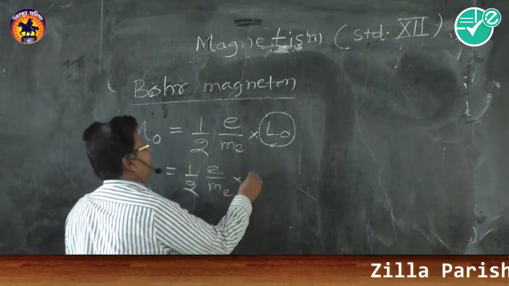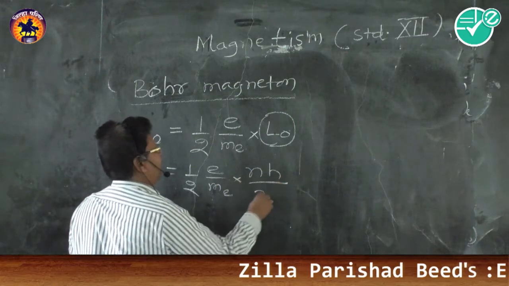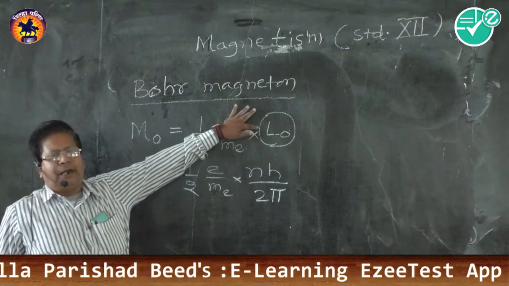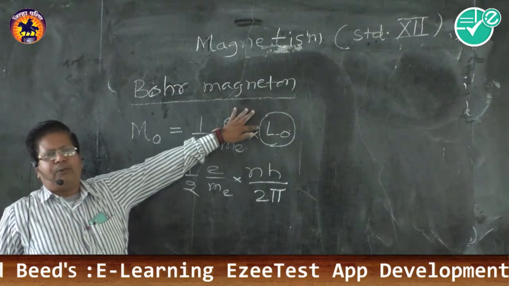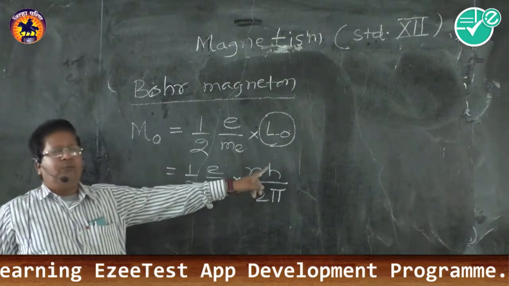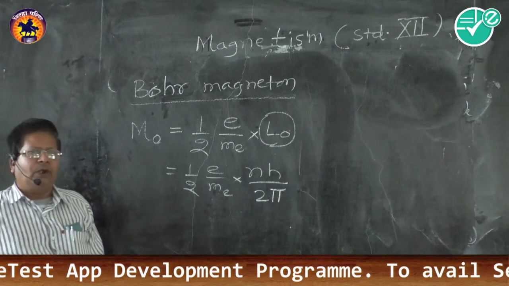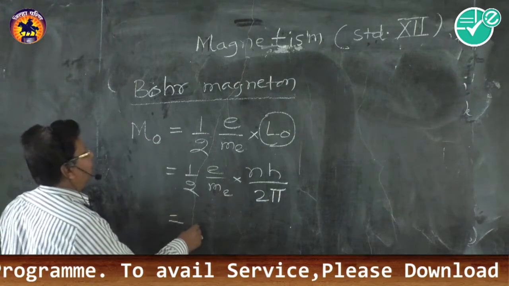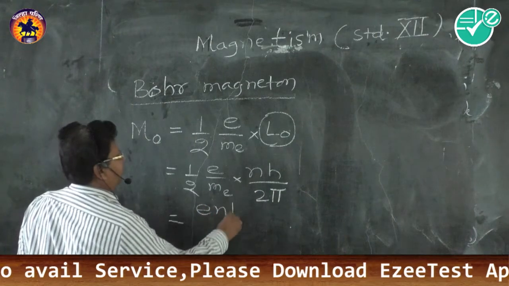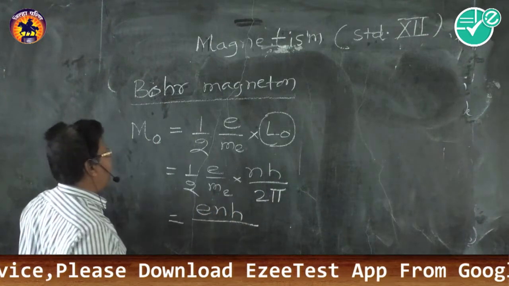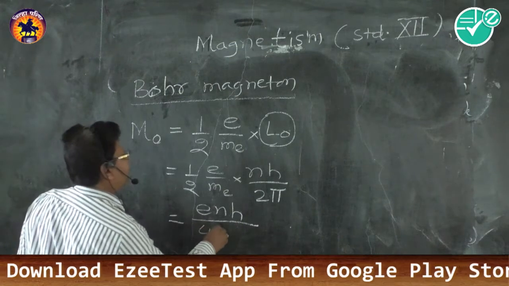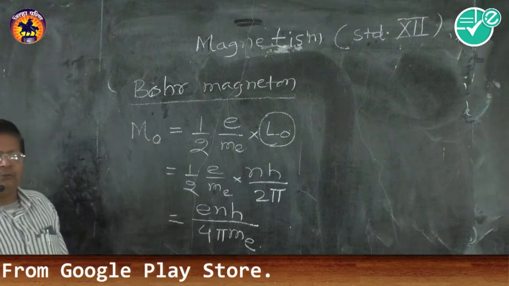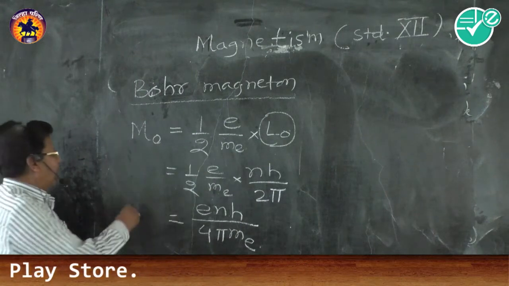This angular momentum is n into h divided by 2 pi. So the value of angular momentum according to the Bohr's second postulate is integral multiple of h upon 2 pi. Then we get this is equal to e into n into h divided by 4 pi m_e, that is mass of electron.